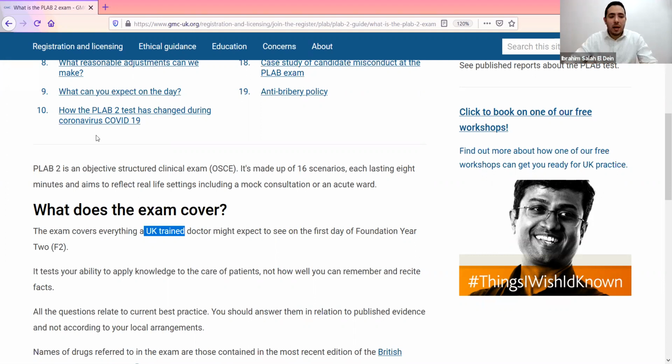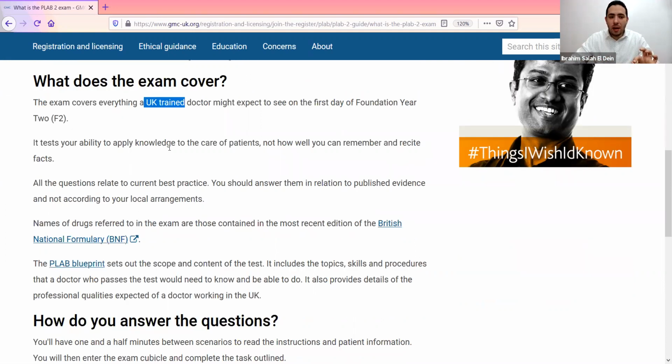This exam tests your ability to apply the knowledge to the care of patients, not how well you can remember and recite these facts. So, as I mentioned, it is about how to approach the whole situation, how to approach the patient, and how to take care of your patient, not just to memorize the information and tell it to the patient. It's not just like this at all.